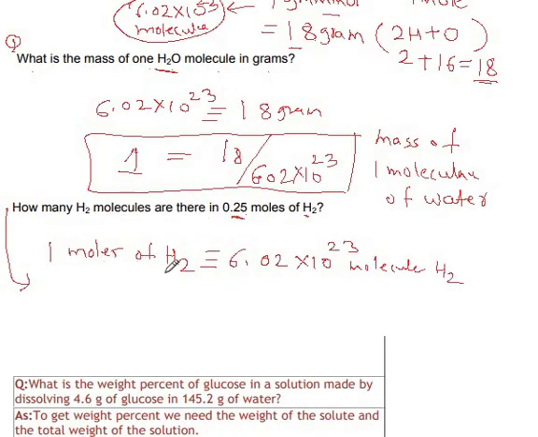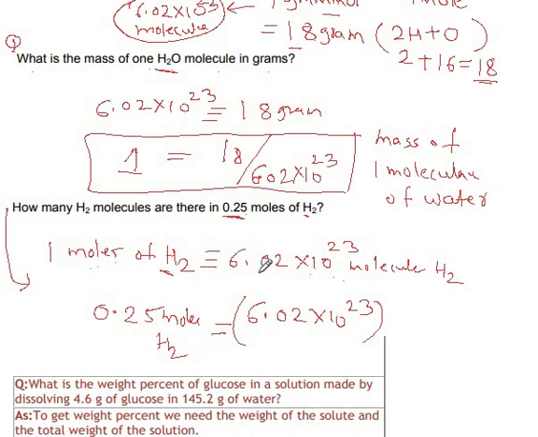I already explained you, 1 mole of hydrogen is nothing but this much molecules. 1 mole of water means this much number of water molecules. 1 mole of sulfur dioxide means this much molecules of sulfur dioxide. So here they mentioned 0.25 moles of hydrogen. If there is 0.25 moles of hydrogen, that equals how many molecules?